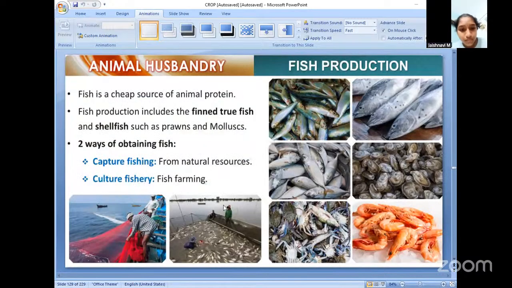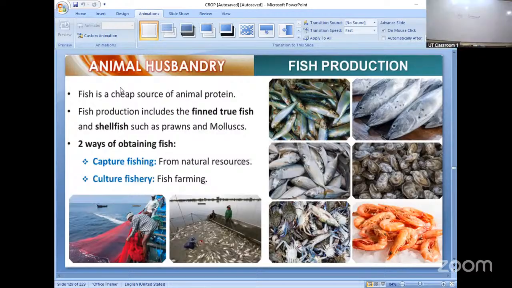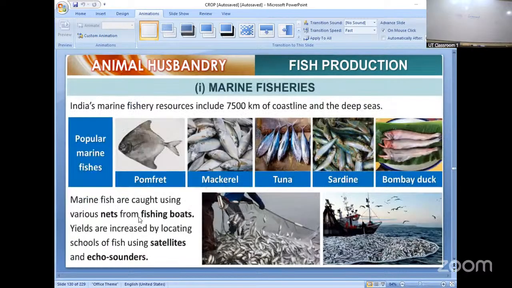Fish is a cheap source of animal protein, and we can obtain fish by catching from natural sources or by fish farming. Marine fisheries use various nets from a fishing boat. The catch is increased by locating schools of fish using satellites and echo sounders. These are the various marine fishes.